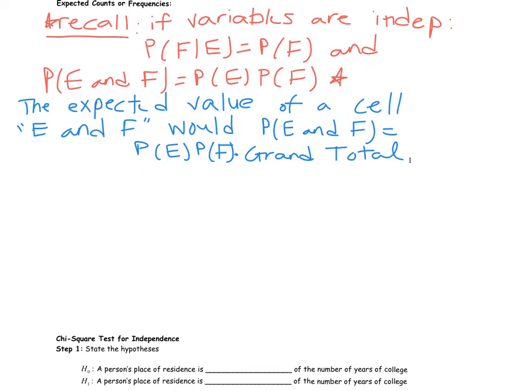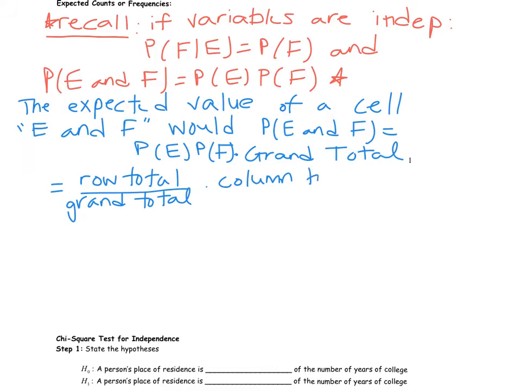So that would look like this. Probability of E is row total over grand total. Probability of F is column total over grand total, the amount in the sample. And then that's going to be a percentage of the grand total, so times grand total.